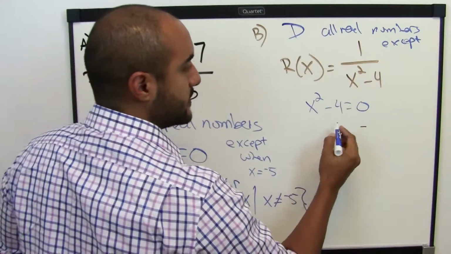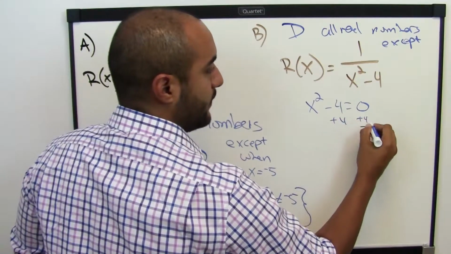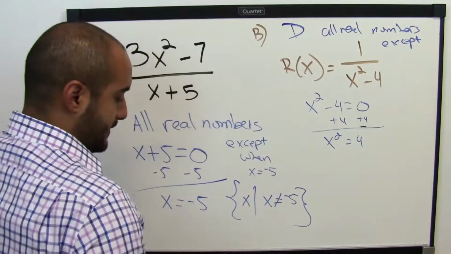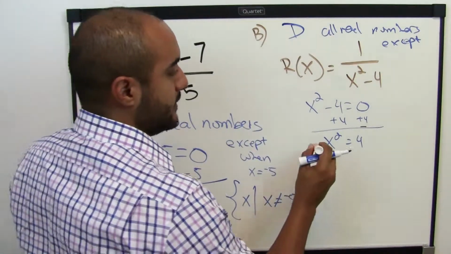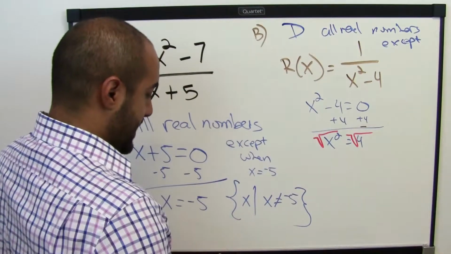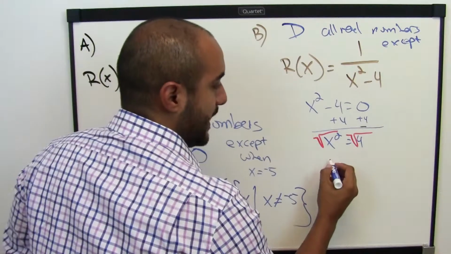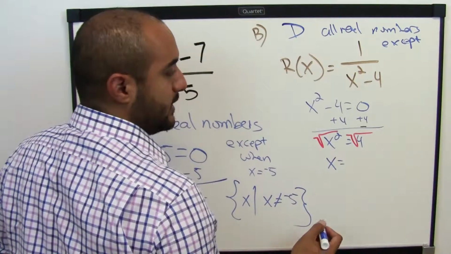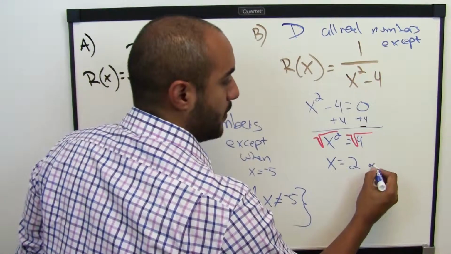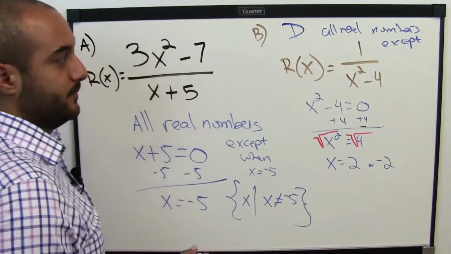Okay, and even there, this one's not too bad. I'm going to add 4 to both sides. Notice I get x squared equal to 4. Now don't forget this next step. When I take the square root on both sides, I'm going to get two answers. x is equal to either positive 2 or negative 2.